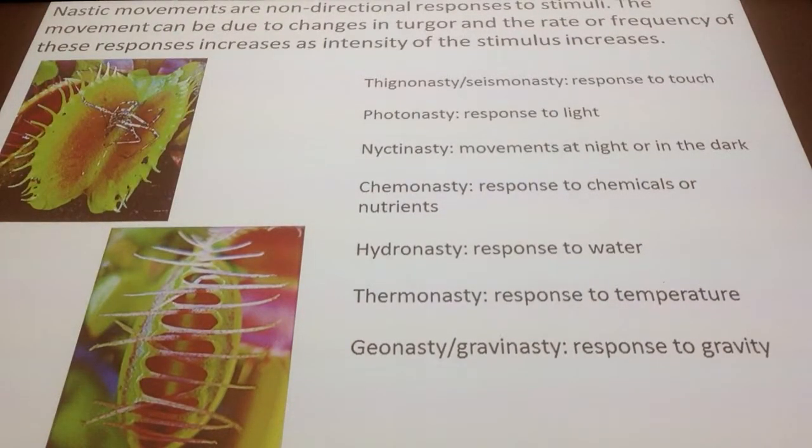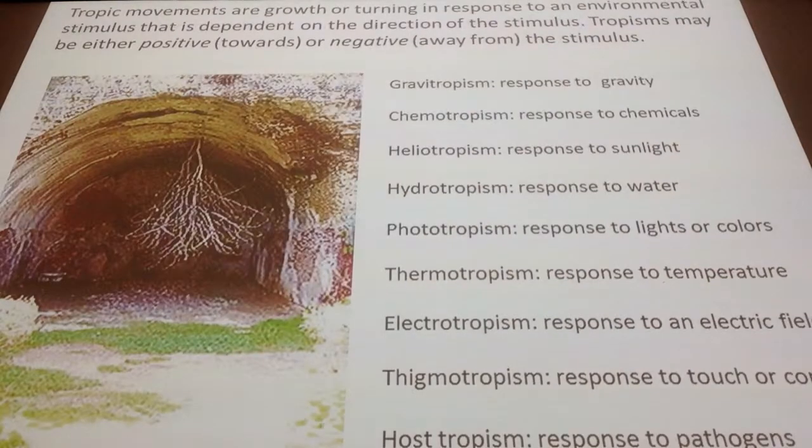Okay? So again, nastic movement is the actual change in the shape of the plant, versus tropic movement is cell proliferation. We also consider this to be plant movement, even though, again, the cell doesn't move. But if you have gravity, in this case, this is a case where you have both gravitropism and hydrotropism.